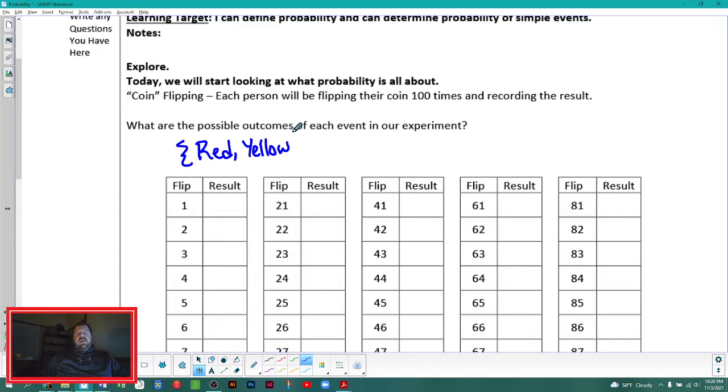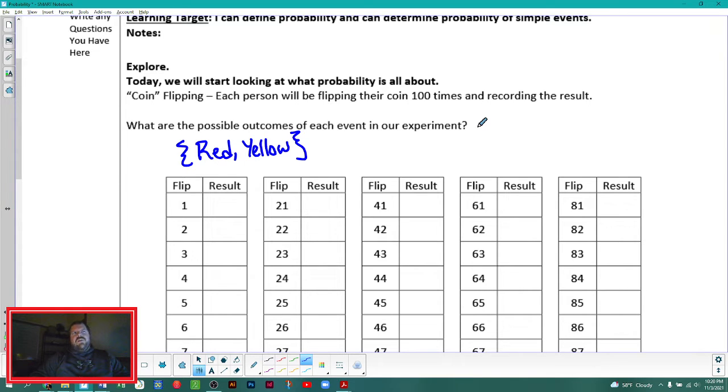I'll give you an insight as to something else that happened. And that was sometimes these little coins can land right on their edge, which is kind of weird, but it can happen. It can happen with a coin too, specifically one coin in U.S. coinage, and that would be a nickel.